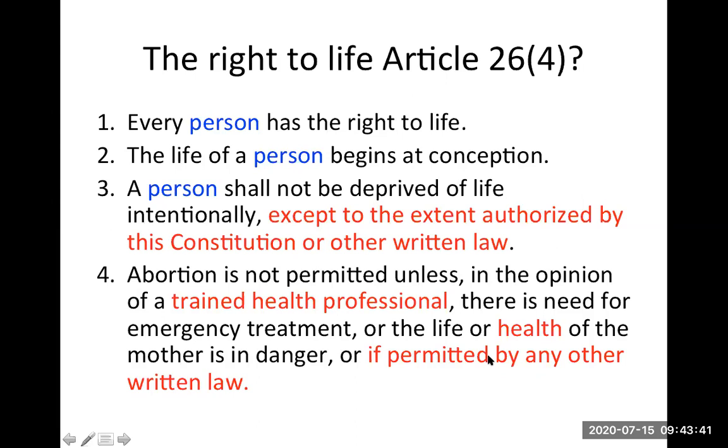So the Reproductive Health Care Bill and its contents that regard termination of pregnancy would like to fill this gap of any other written law that amplifies the formation of opinions by trained health professionals, which when acted upon would necessarily infringe on the right to life.